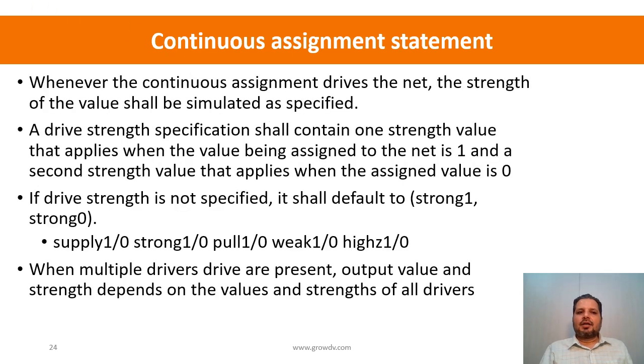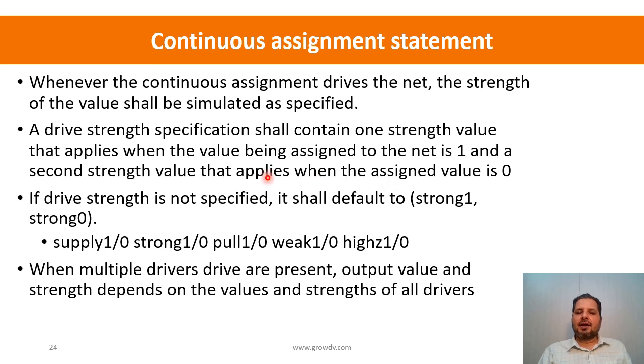Along with the continuous assignment statement, we were able to see that we have the left hand side net or variable, and then we have the right hand side expression that gets evaluated. But while we are assigning, we can also specify the strength. The drive strength specification consists of two strength definitions: when the value 1 is driven onto the net, what strength should be used, and when the value 0 is driven onto the net, what strength should be used.